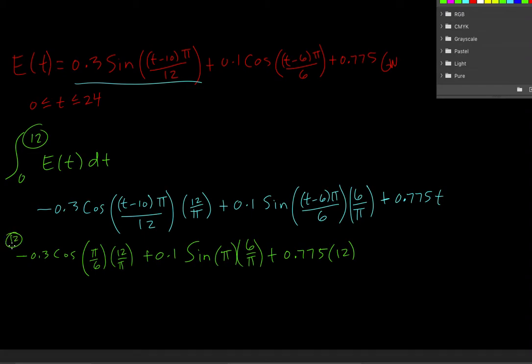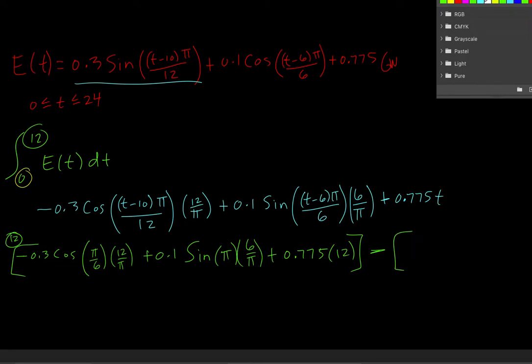Okay? Now, a couple things that, oh, well, here, I'll do 0 as well. Let's do that in yellow. Okay, so if I plug in 0 for this one, let me write it like this, minus this.